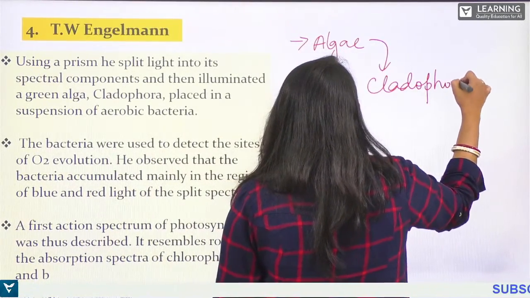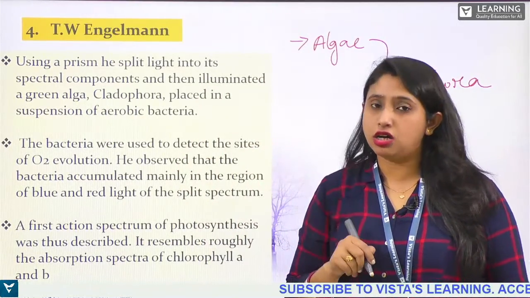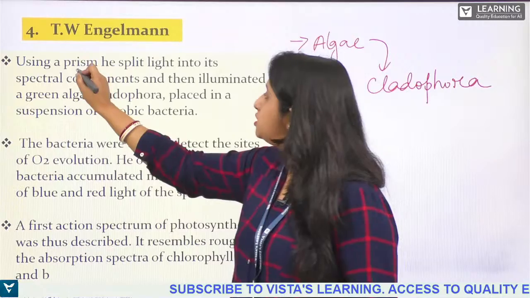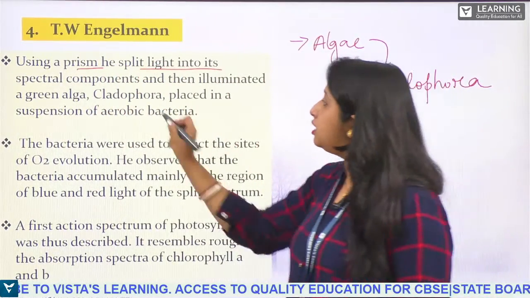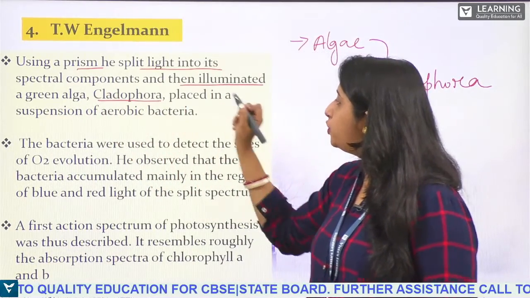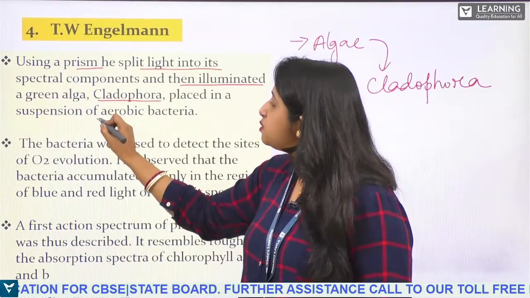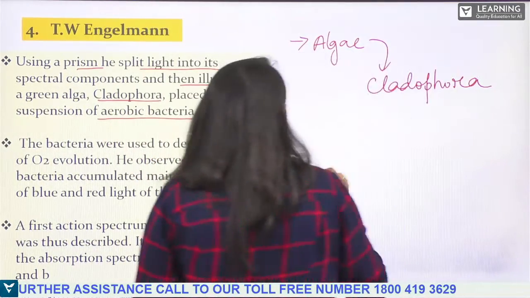Cladophora. Now what he has done is, using a prism, he split light into its spectral components and then illuminated a green alga, Cladophora, placed in a suspension of aerobic bacteria. Here is white light.